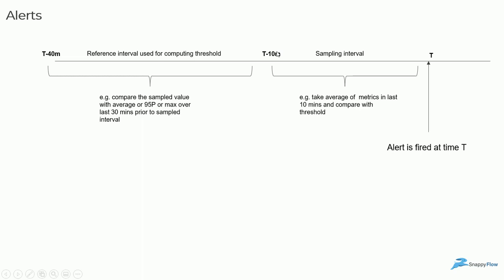And the reference time for computing the threshold is the 30-minute period prior to the sampling interval. So over this duration, the average or the 95th percentile or min or max of the primary metric is computed and used as the threshold.